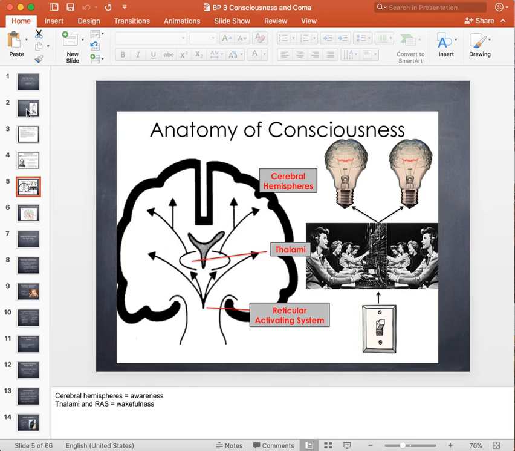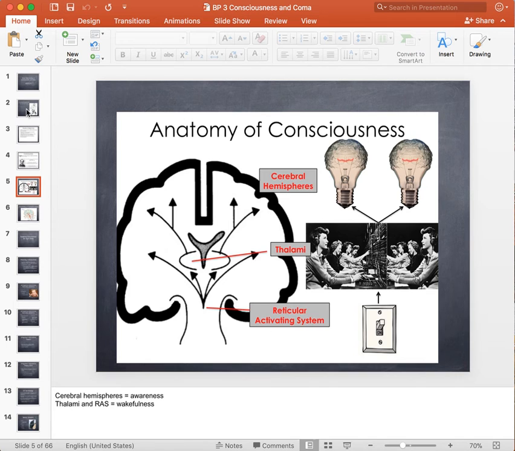So a brief review of the anatomy of consciousness. It's useful to think about this as a light bulb, light switch analogy, where the light switch to consciousness is the reticular activating system, which lives in the brainstem. That's the switch on and off. In order to be aware of your surroundings via the cerebral hemispheres, you need the light switch to be on.